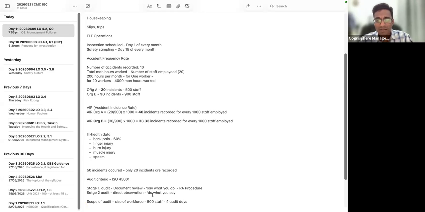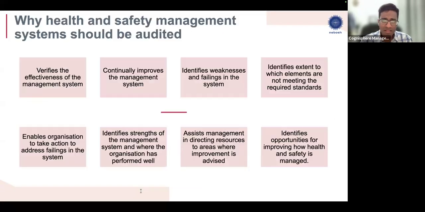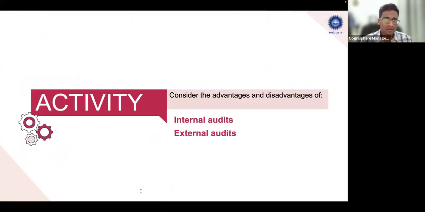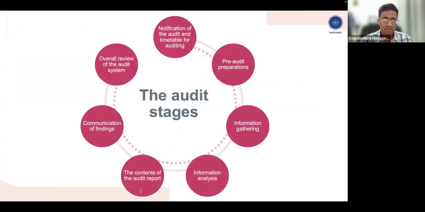As a whole, it is important that I come to this part. First is notification of the audit and timetable for auditing. You will have to notify your client of your audit days, and then give a plan.